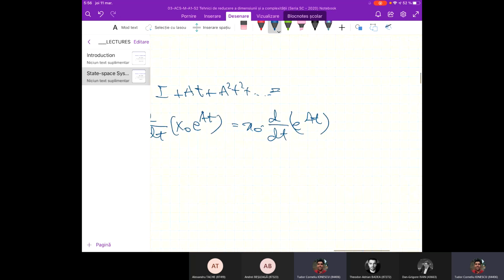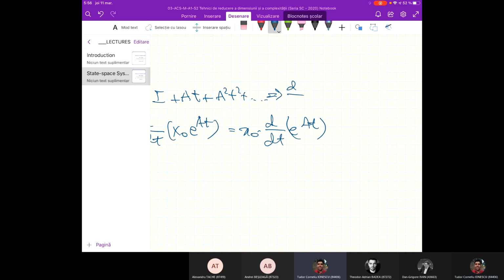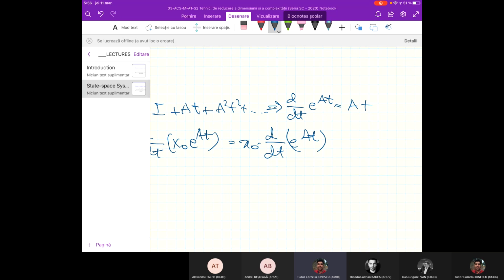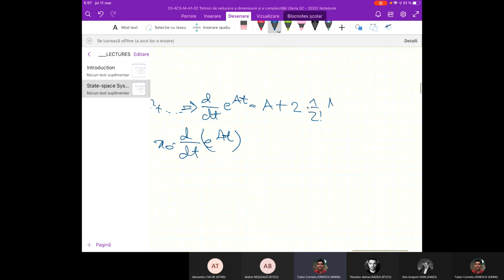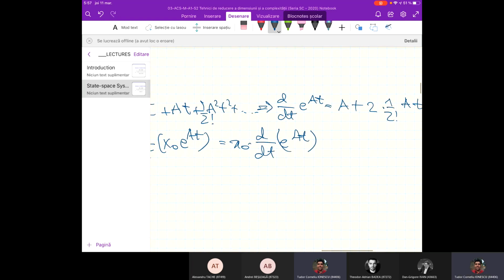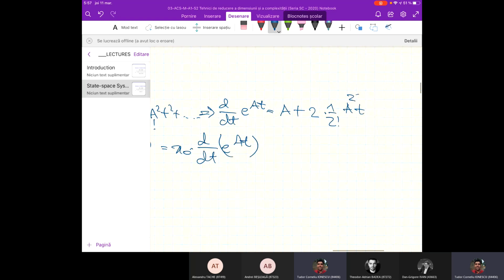The derivative of I is 0. The derivative of At is A. Then the derivative of A squared t squared, with the 1 over 2, is 2 times 1 over 2 A squared t, so A squared t.